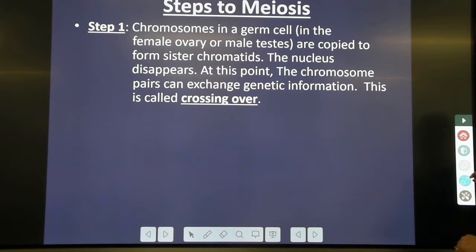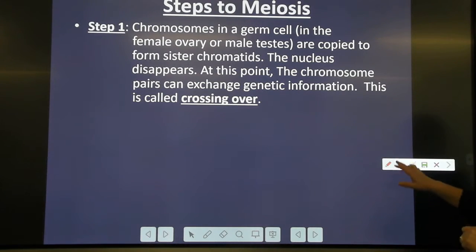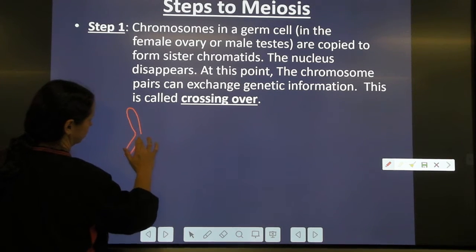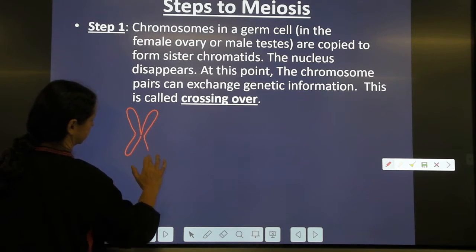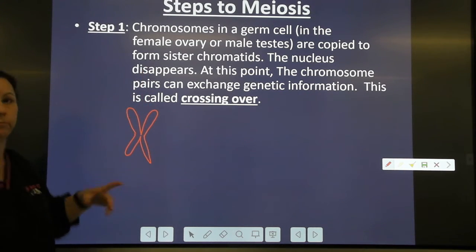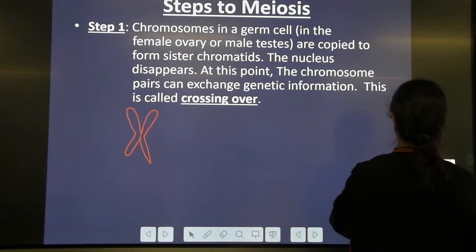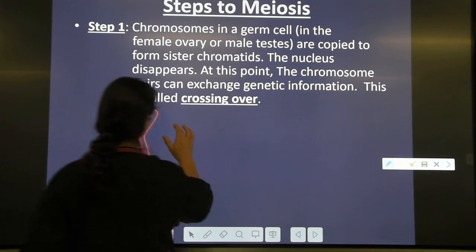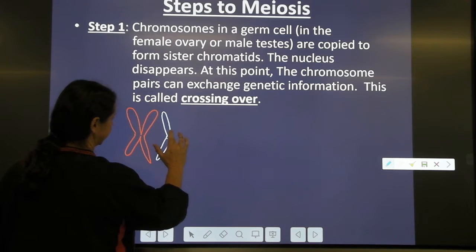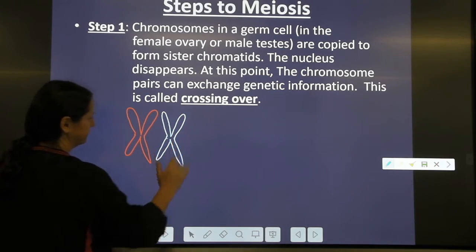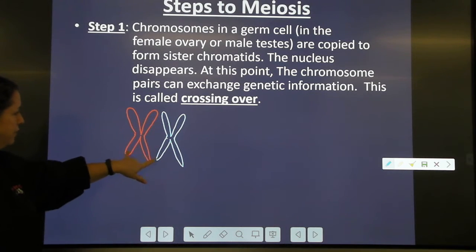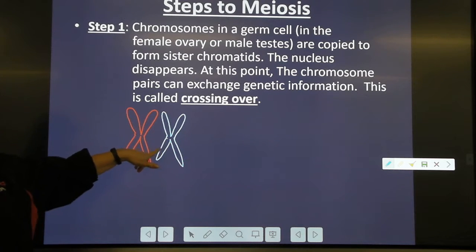All right, we are going to pretend that this is mom's chromosomes. So her original chromosome and that copied one, sister chromatids. Here are dad's chromosomes. Or sorry, not necessarily dad's, but just another one. So these two chromosomes, they're copied. So you have your original set and they're copies of each other.